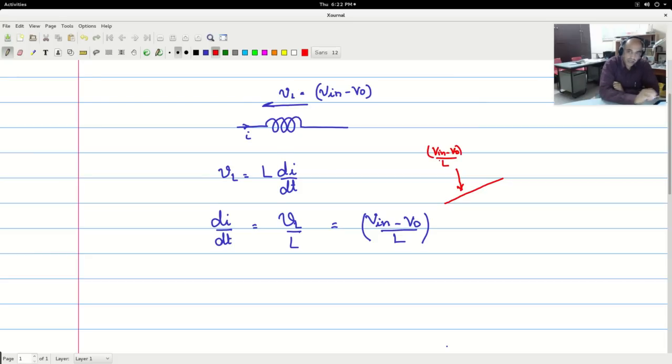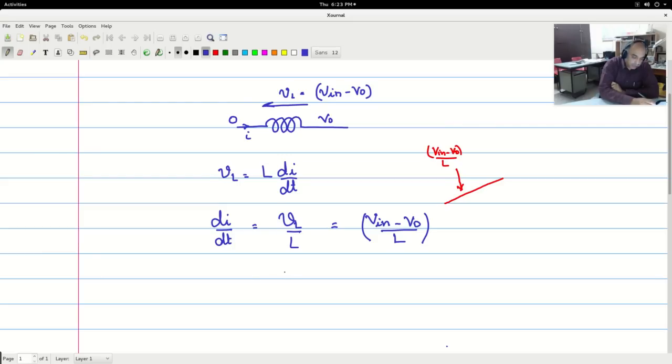And during the time when the switch is off, we saw earlier that this side of the inductor becomes 0, and here it is still V naught, and what is applied is minus V naught.